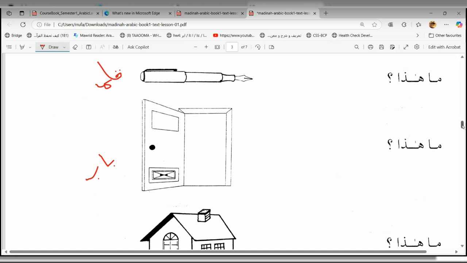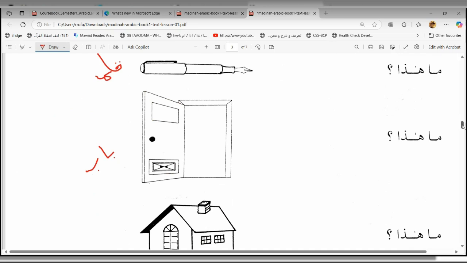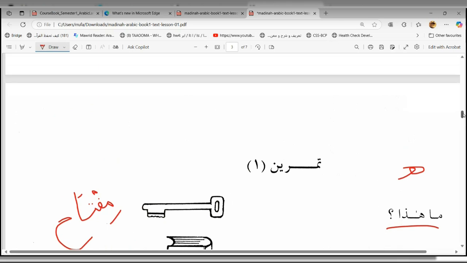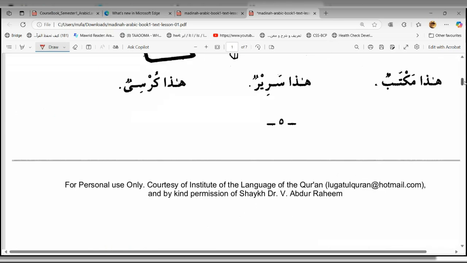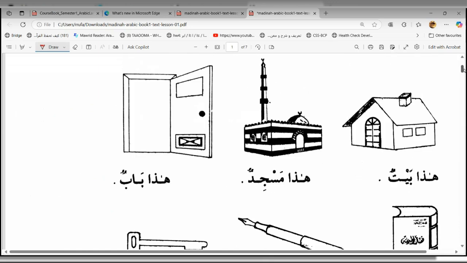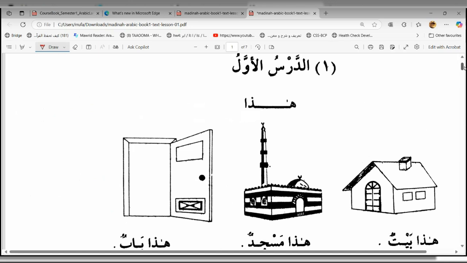One thing you'll notice about all these words is that they are all masculine words. Are you familiar with that concept? Where some words are masculine, some are feminine. In English, most words have no gender. In Arabic, every word is either masculine or feminine.